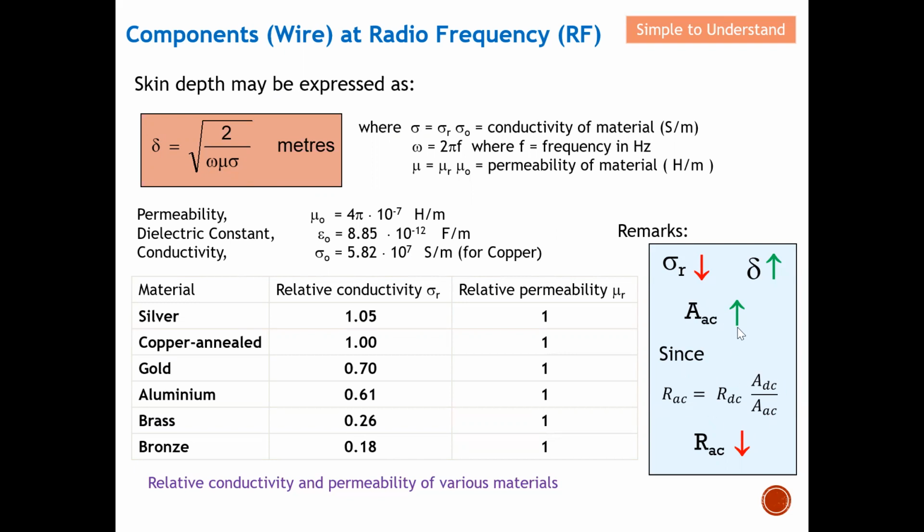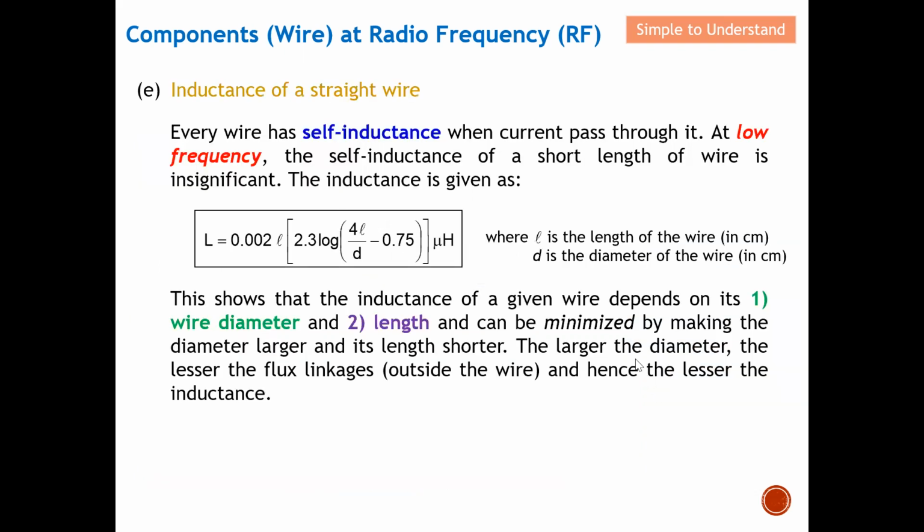So when I increase my area under AC, I can see over here that my RAC will be reduced, because I increase it here. So when I increase here, my RAC reduces. Don't worry about this. In the part 2 series, I will have a better discussion on this.